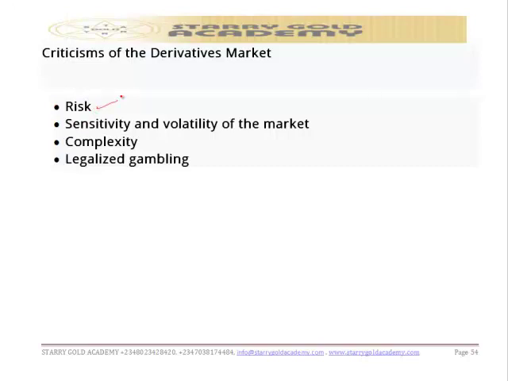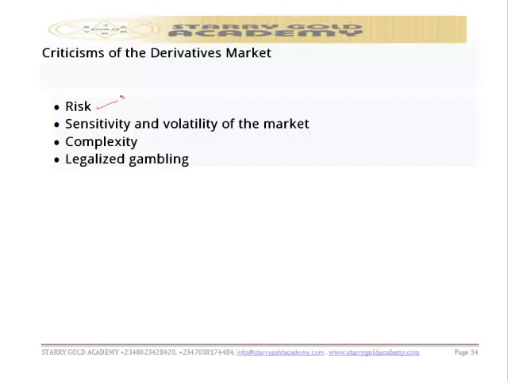Derivative markets are often criticized and looked down on owing to the high risk associated with trading in financial instruments. You know, it is good for hedging as well, but if you don't understand it, the risk is far higher than the benefit you can get if you don't understand the way it operates. So it's embedded with high risk.